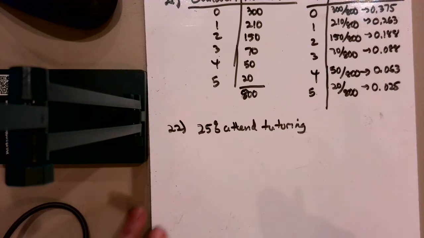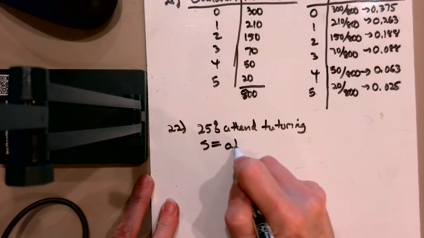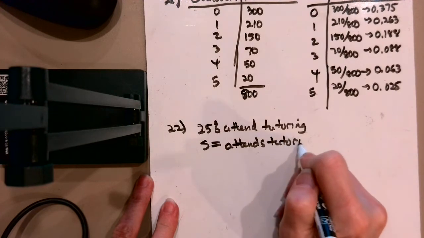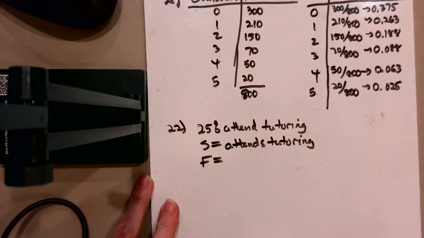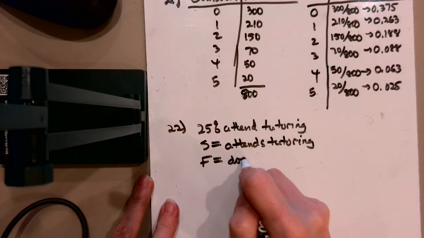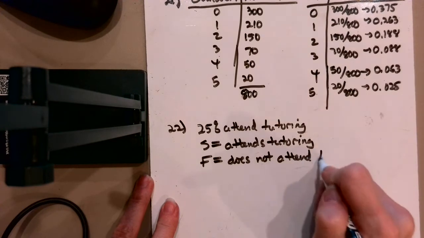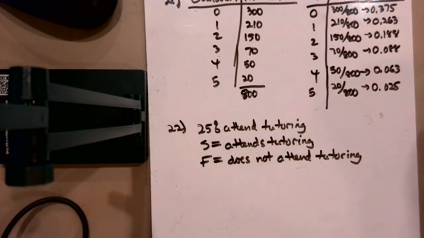Identify a success and a failure. So a success is what the random variable counts. Someone attends tutoring. As a teacher, I also think that is a success. A failure would be the complement. Someone does not attend tutoring. And I think there were just really 2 choices, a multiple choice on that one.